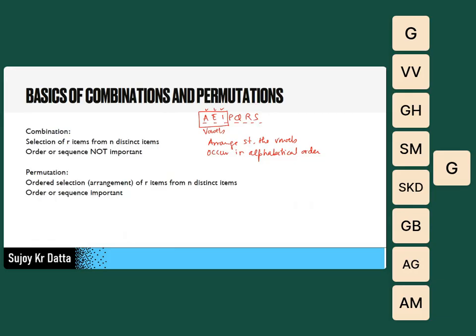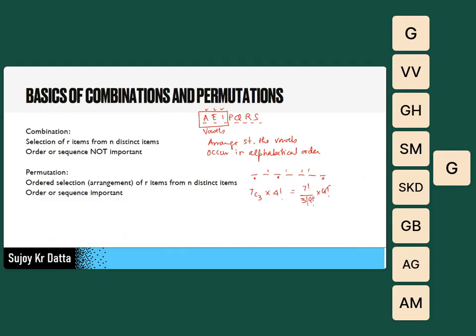So we can use a similar logic like the last one we said, that there are 7 places. Pick any 3 for the vowels. So we can pick, let's say, this, and this. So 7C3. The remaining 4 consonants can be arranged in these 4 slots in 4 factorial ways. That's your answer. Okay.